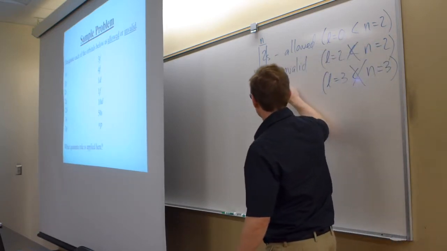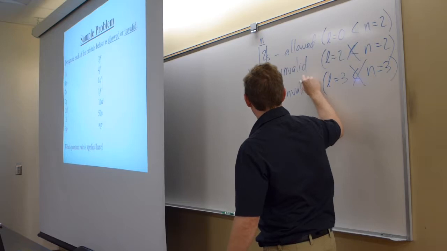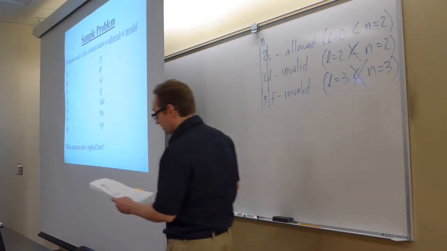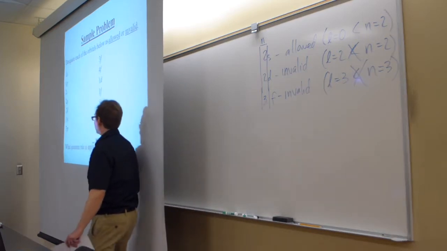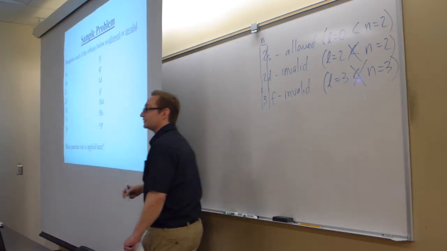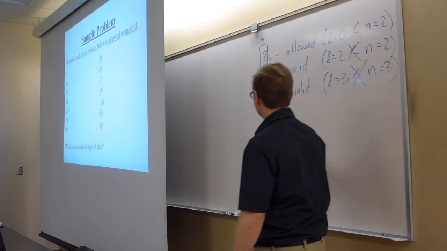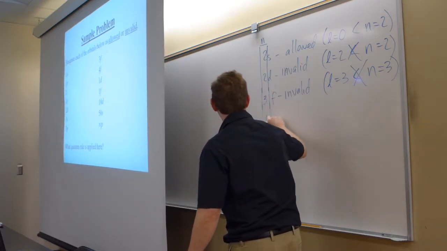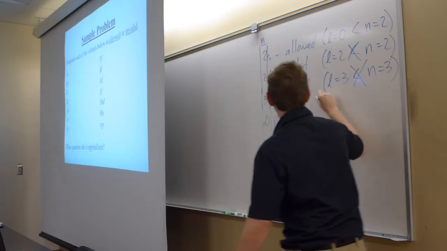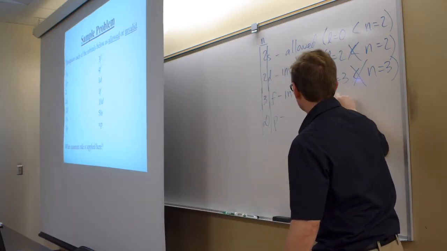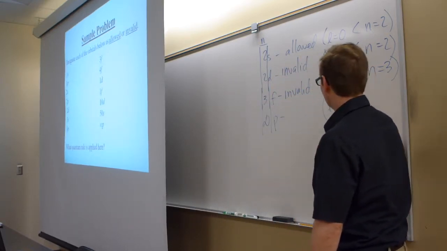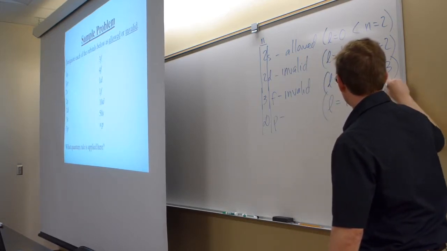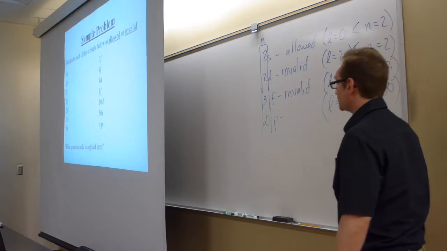All right, so this is invalid. And of course, you've got to do infinity p, right? Is infinity p allowed? What is the L value for any p orbital? 1. Is 1 less than n equals infinity? It is, right. So this is actually allowed.